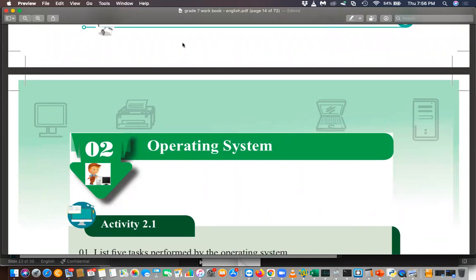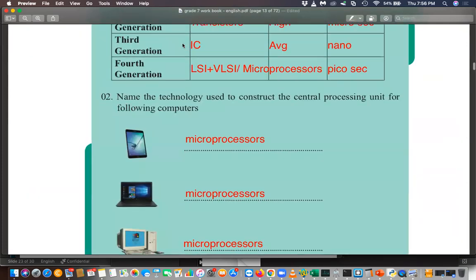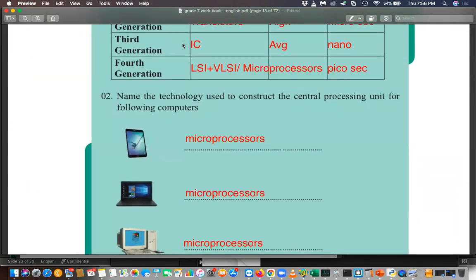First one is ULSI, ultra large. You can say ULSI, but LSI, VLSI is also correct. Even ULSI is also correct because some of these generations are using ULSI, but some of these are using VLSI.